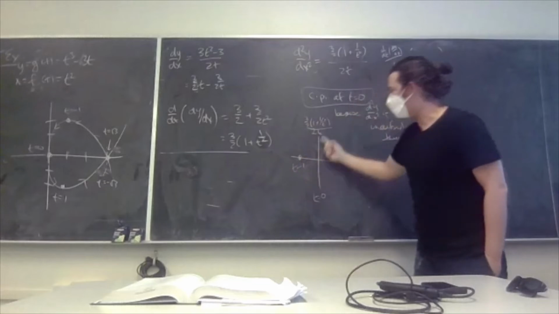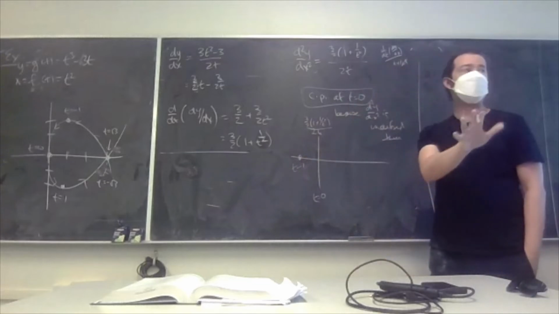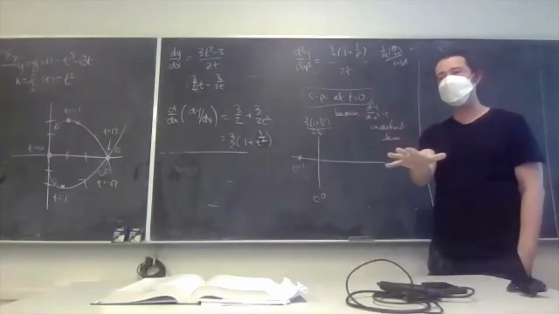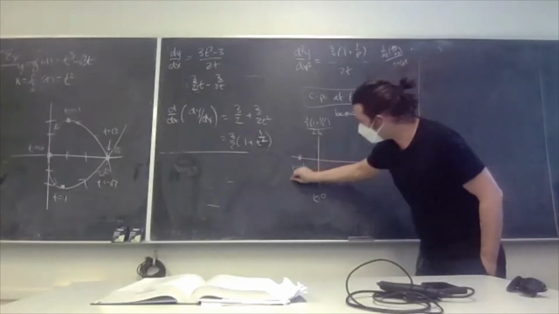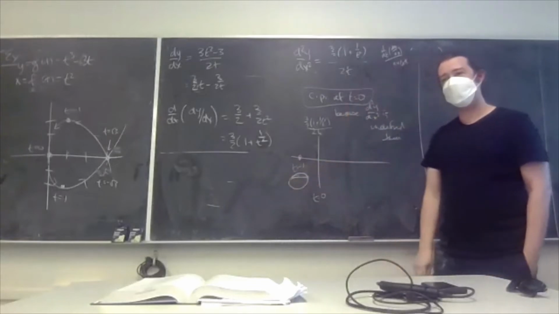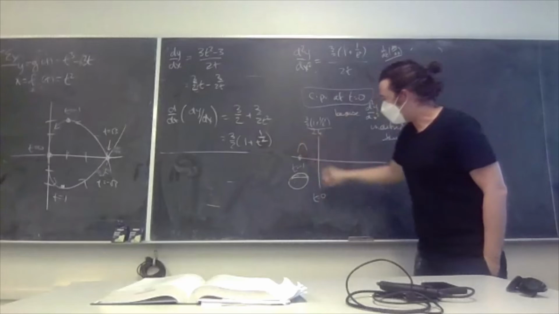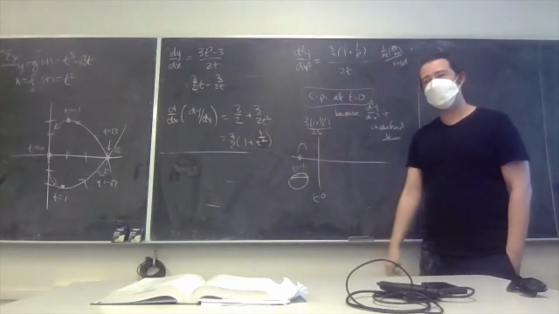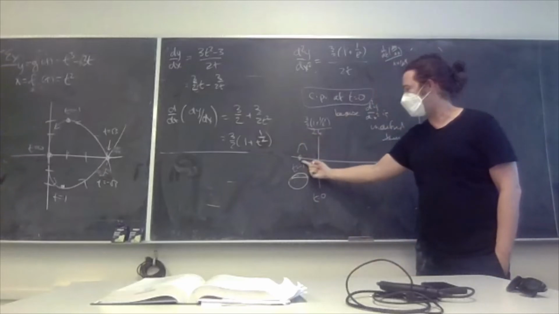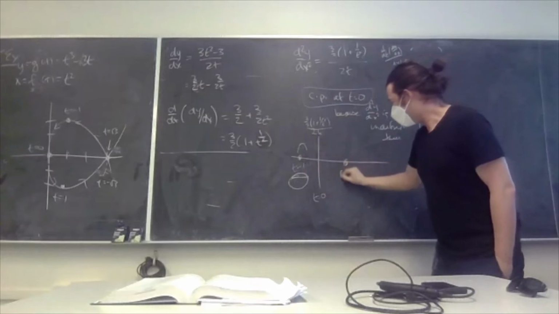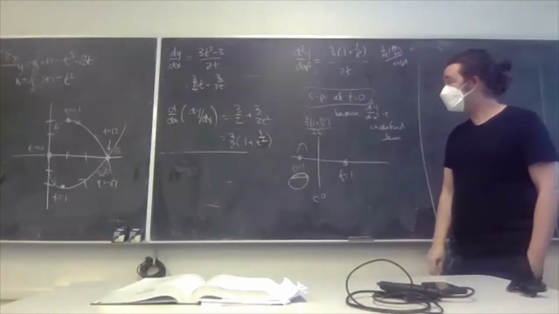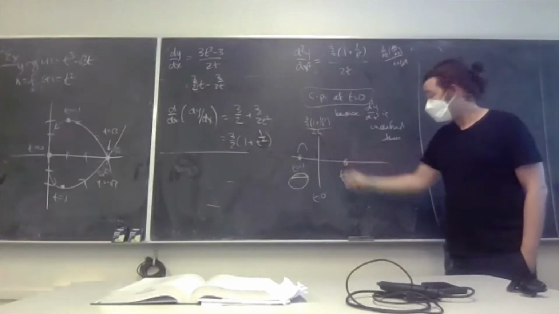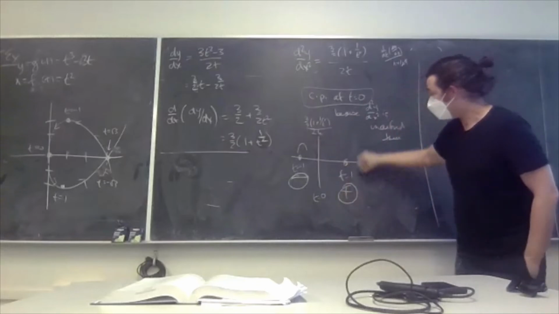T is -1, and I put it in. All I care about is the sign, because sign tells me positive or negative. Negative. Concave up or concave down. So when time is negative, I'm concave down. When time is 0, I have an inflection point. If I pick a test point of t is equal to 1, and I put it in here, I get a positive number. So it's concave up.